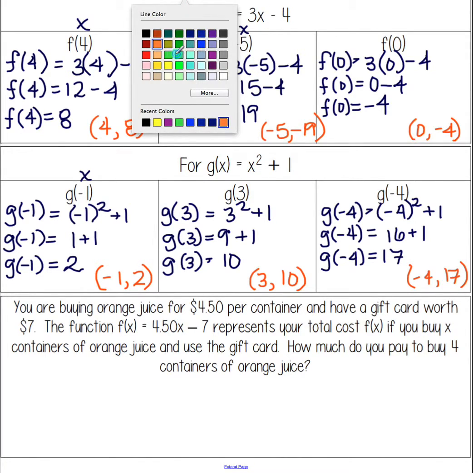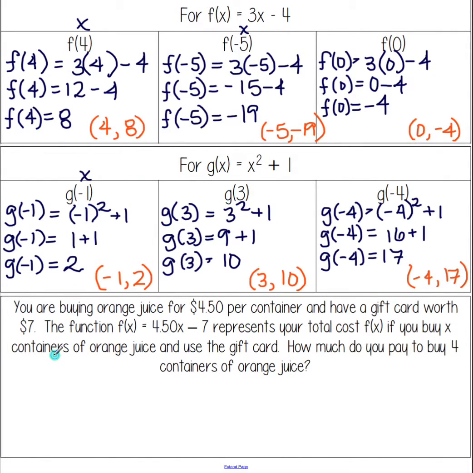So in this case, it gives us our function. Our function in this case was f of x equals 4.50 x minus 7. So our output is going to be our total cost.